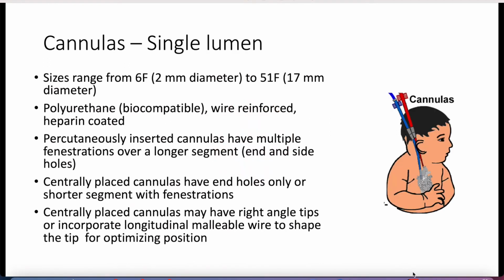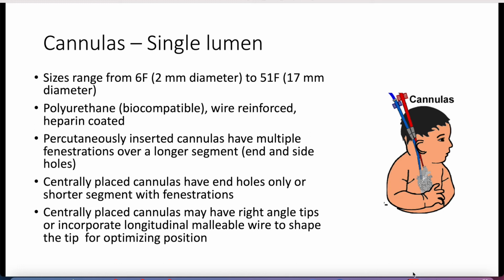To accommodate wide range of flow, the single lumen cannulas come in wide-ranging sizes from 6 French to 51 French. They are manufactured using biocompatible material and is often wire reinforced and may be coated with anticoagulants such as heparin. Percutaneously inserted cannulas are usually long and they have multiple fenestrations over longer segment at the end.